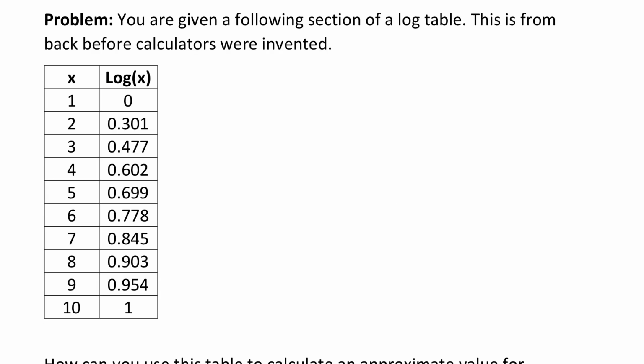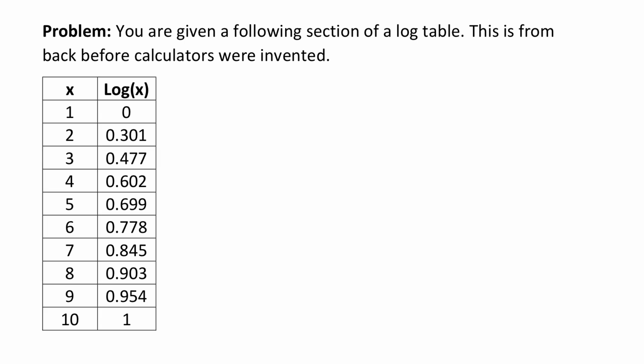Now, this is actually a thing. It's not a thing that we do anymore because we have calculators. But back in the day, people used to do this. They didn't have access to calculators. They had access to what were called log tables. And this is similar to when we were talking about trig tables. How do you find the trig value of all of these angles?